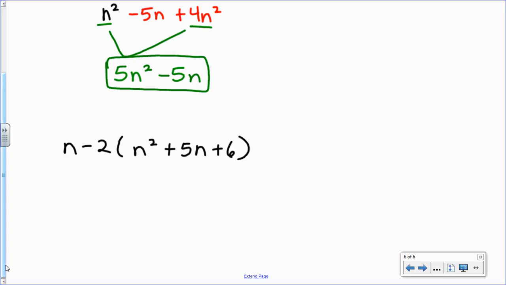So we're going to learn to do this. This binomial times this trinomial. This problem is not that. We're not doing that there. Don't put those parentheses there or act like they're there if they're not. So what I'm multiplying by this trinomial is just -2, not n minus 2. I'm not multiplying the n as well.